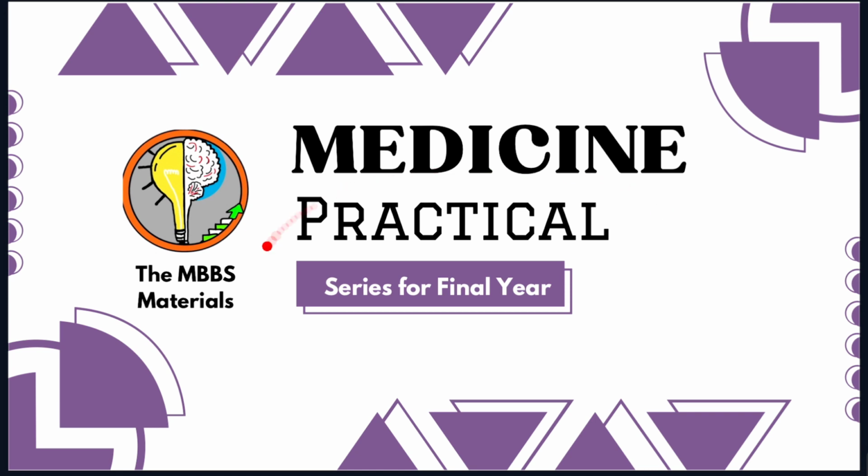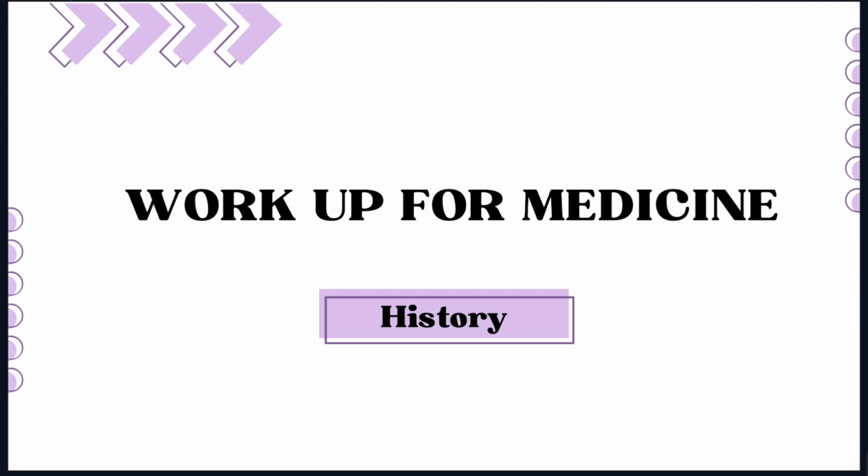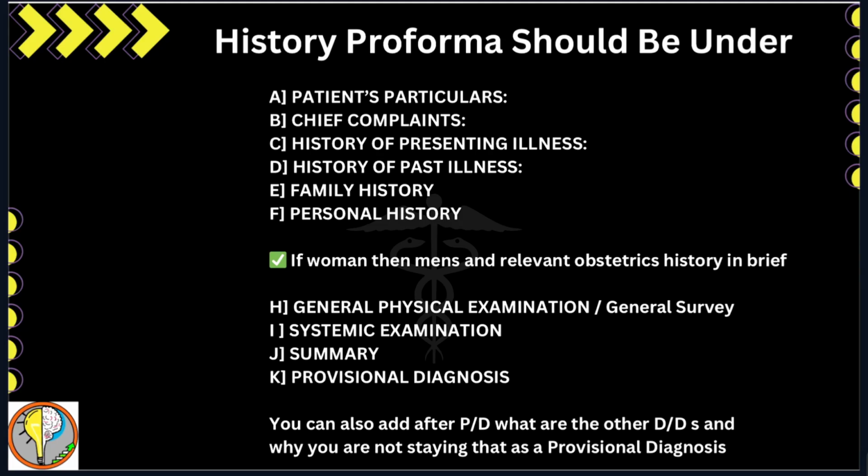So today's topic is the medicine practical series for final year, and the first video of this series is the workup for medicine by taking history. So let's start. An ideal history proforma should be under some headings.